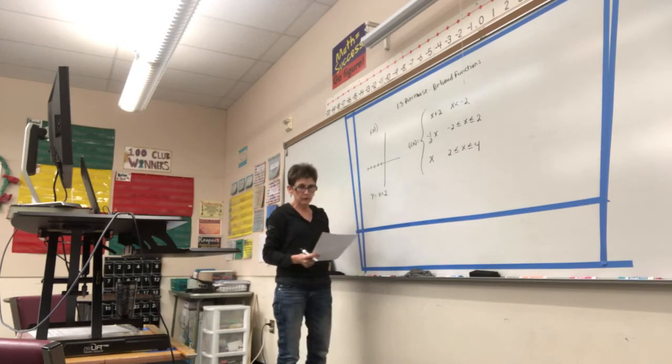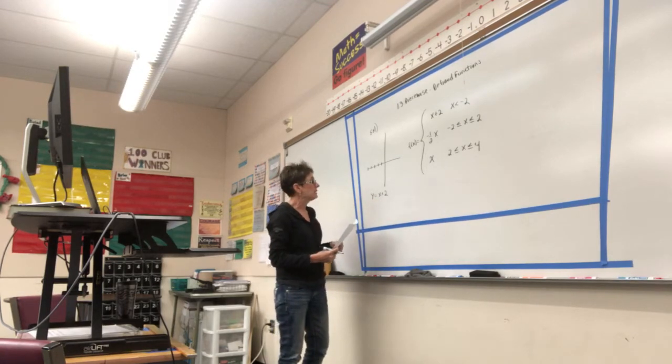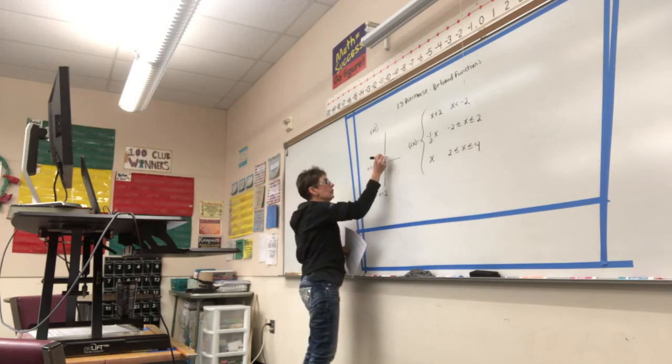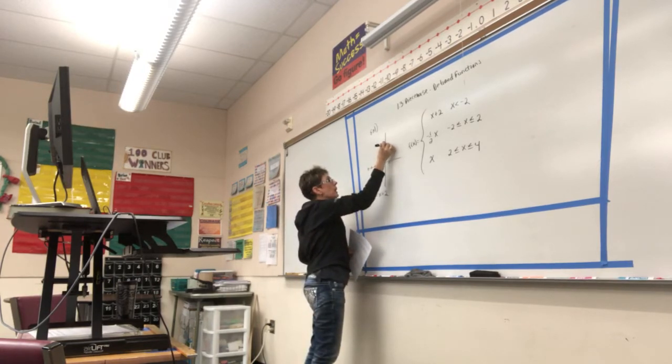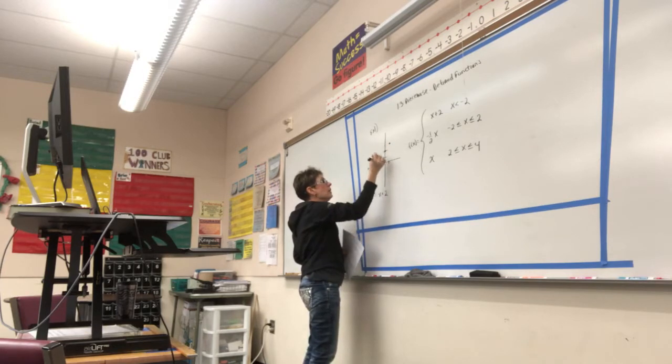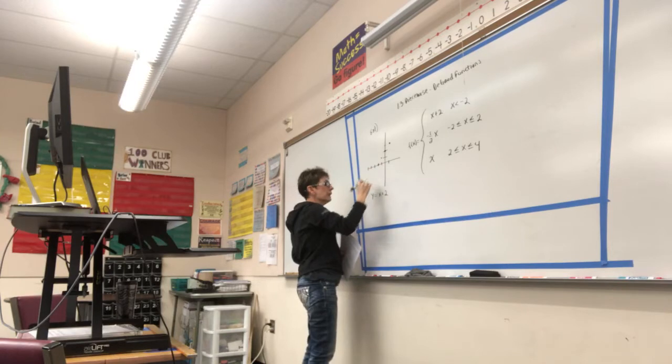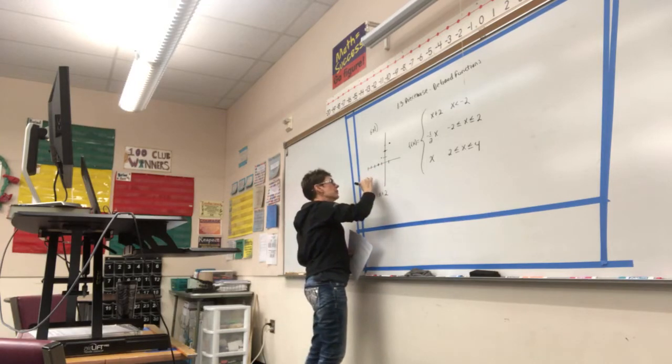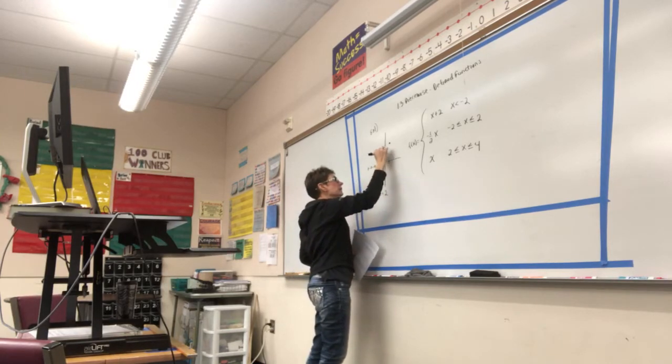So if I want to graph the line y equals x plus 2, I would start at 2, and then I would either go up 1 over 1, or I would go down 1, back 1. And let me see if I can draw a relatively straight line here.